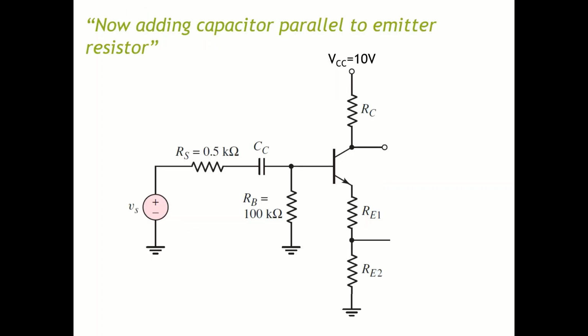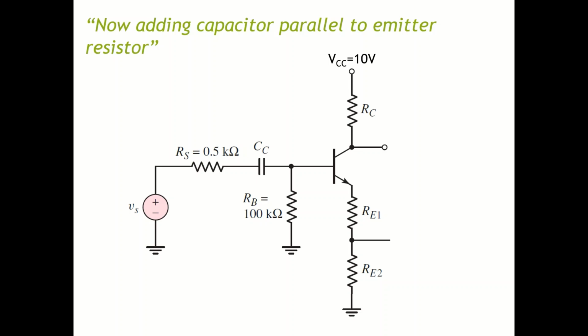Sometimes the emitter resistor must be very large, or large enough for the purpose of DC design, but that degrades the small signal voltage gain too severely.